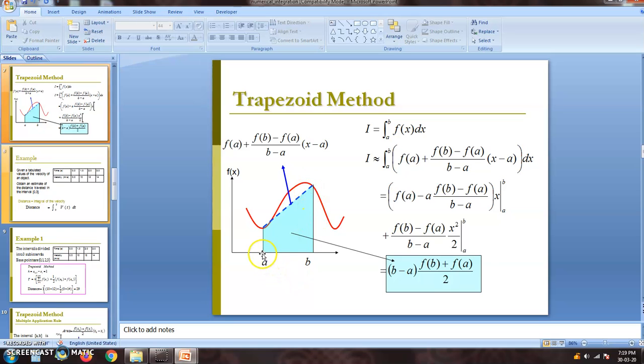When we join them together, b minus a becomes the horizontal distance between these two. So b minus a into f of b plus f of a upon 2 is nothing but the formula which can be used for calculating the area of this trapezoid. Now this formula is approximate, but it gives us the integration using only 2 points, which is the popular trapezoid method.